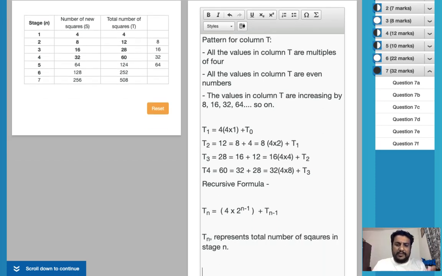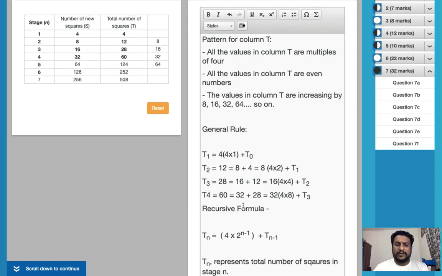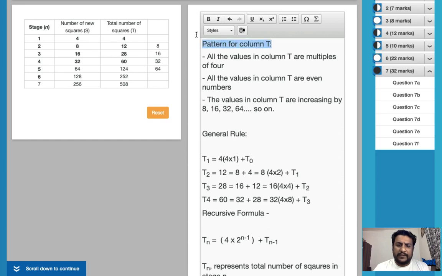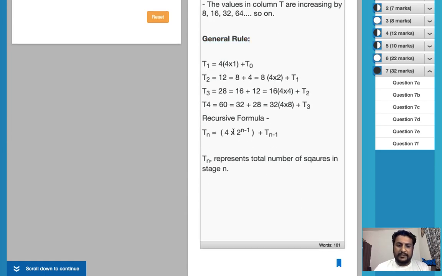Okay, general rule done. Now if I want to make my answer a little more polished, I'll do this.